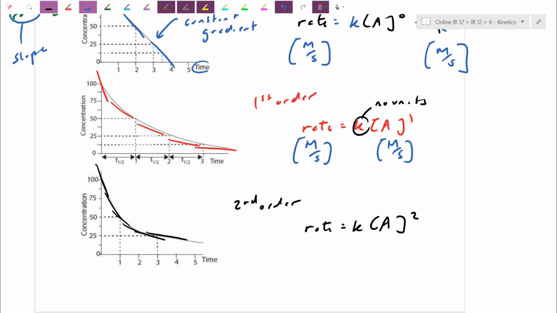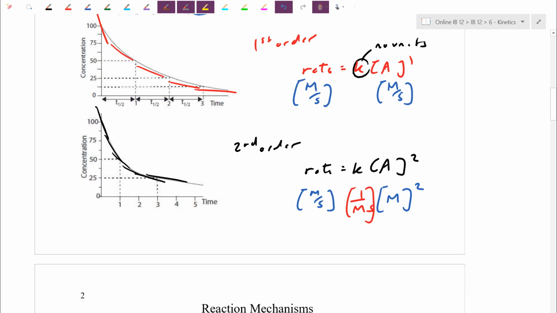Again, just a comment on units here. We can see the rate is molar per second, and this one is already going to have a molar squared. What unit does k have to have to get rid of whatever it doesn't want from A and pick up the molar per second? I can keep one of the molars, so I just want to divide by one of the molars. I need to pick up a seconds, and therefore that's my units for k. So my units here would be molar to the -1, seconds to the -1.